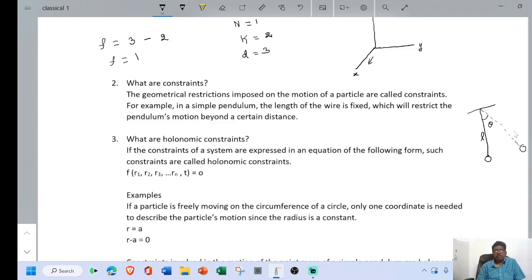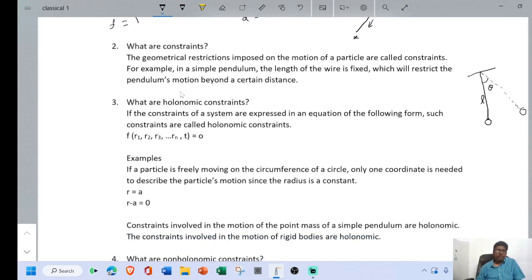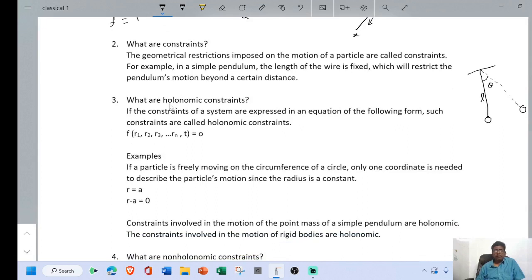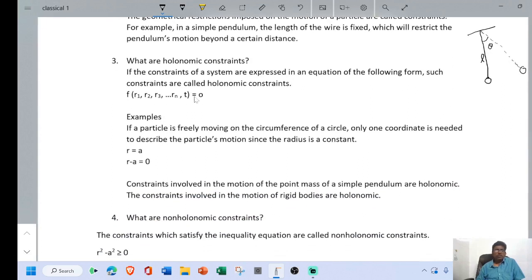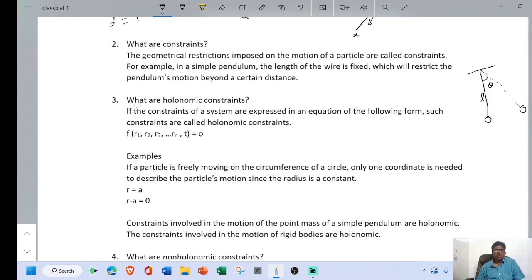Now read out this. The geometrical restrictions imposed on the motion of a particle are called constraints. We may classify the constraints into different types: holonomic, non-holonomic, scleronomic, and so on. Question number 3 is, what are holonomic constraints?